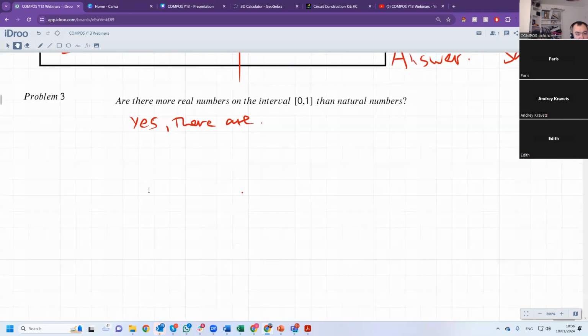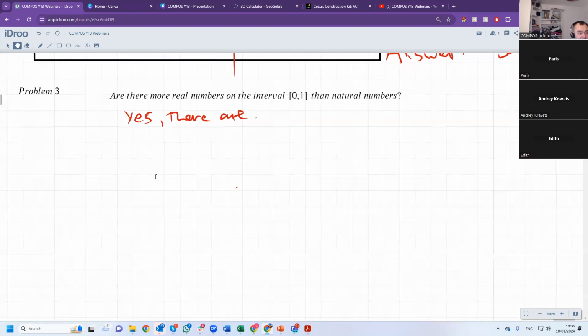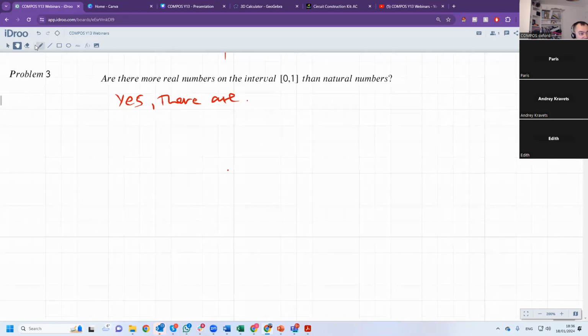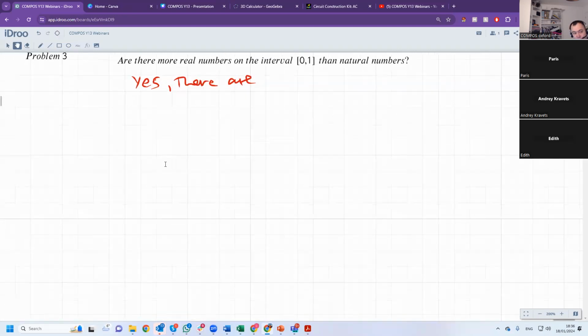Are there more real numbers than natural numbers? Yes, there are more. Even though there's obviously infinitely many numbers between 0 and 1, there's still more real numbers than natural numbers. And I'm going to prove that.